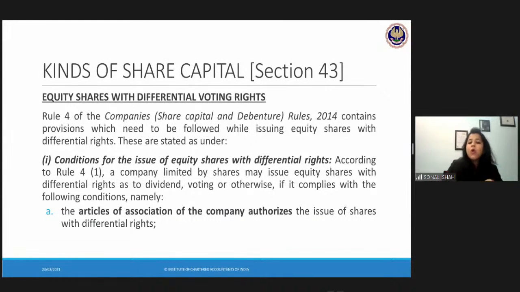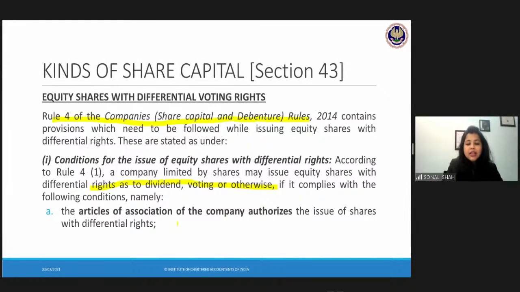Now, there are certain requirements for issuing equity shares with differential voting rights, and that is provided for in Rule 4 of the Companies (Share Capital and Debentures) Rules. What are these conditions that are to be fulfilled? Rule 4 says a company limited by shares may issue equity shares with differential rights as to dividend, voting, or otherwise if it complies with the following conditions. What is the first condition?